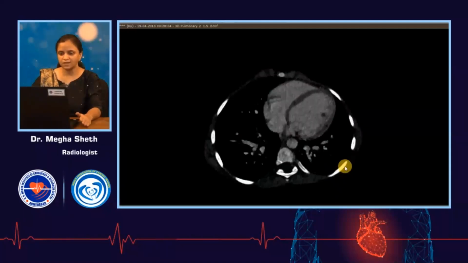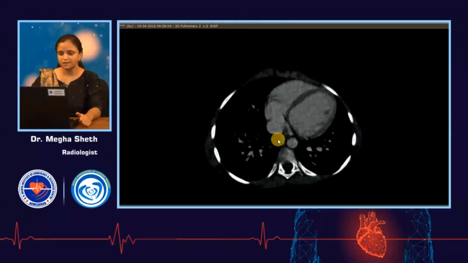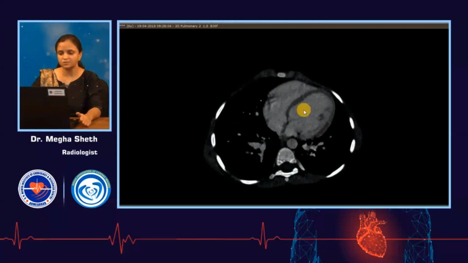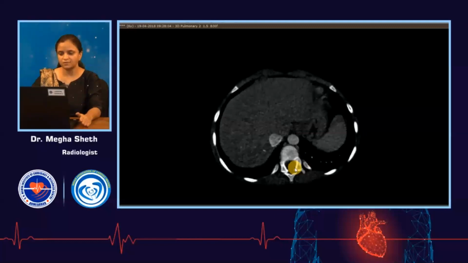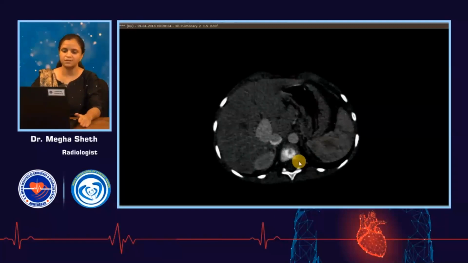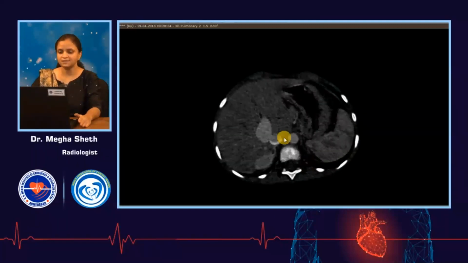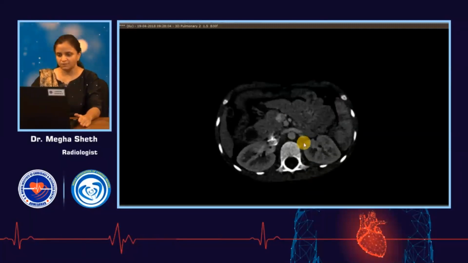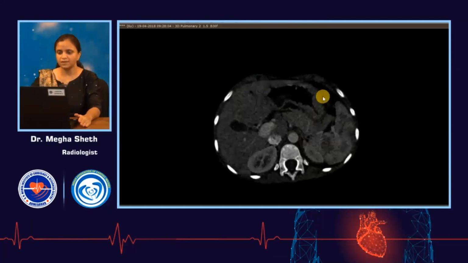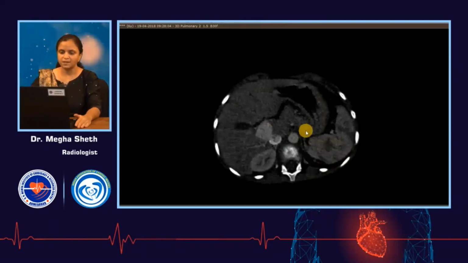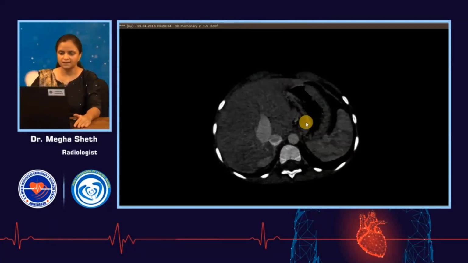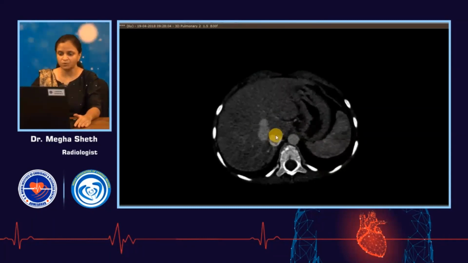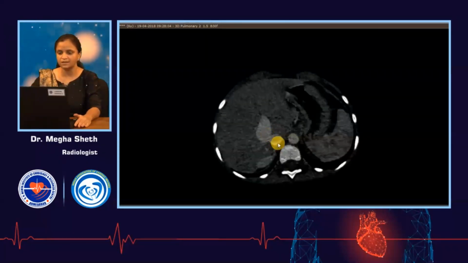As we go down, we can see the IVC draining into the right atrium. Okay, we go below here. We see this abnormal connection. See, this is the portal vein. The portal vein is coming up here, and here there is the connection at the porta between the portal vein and the IVC.